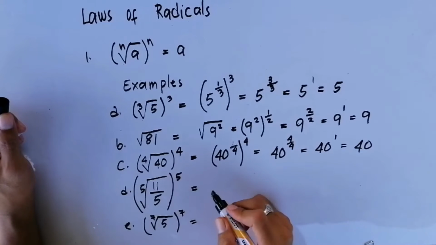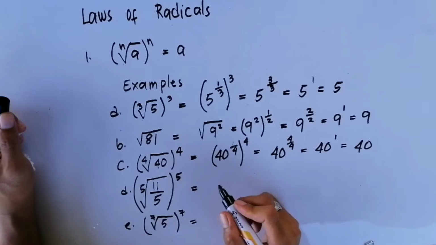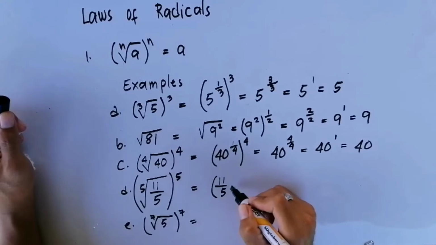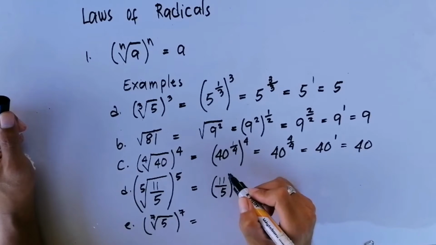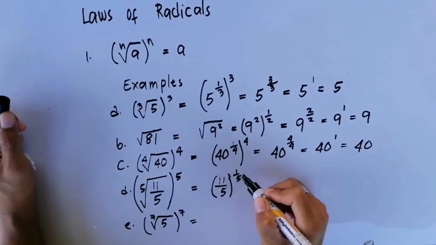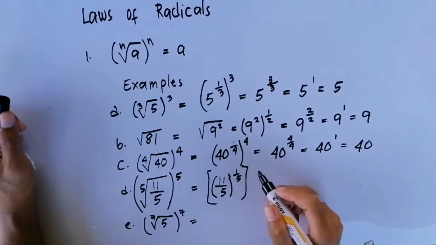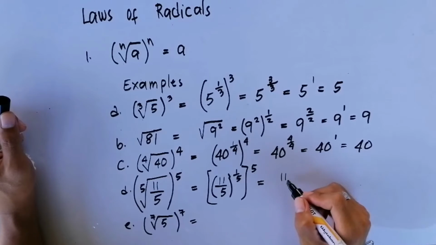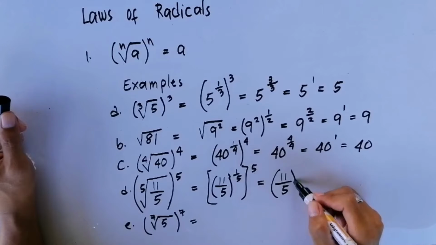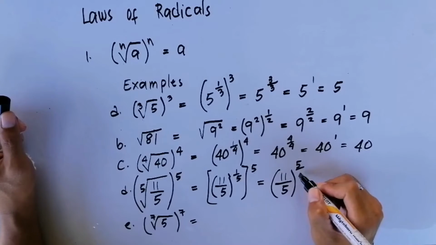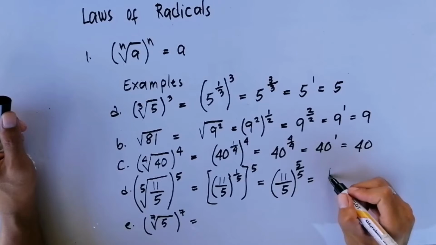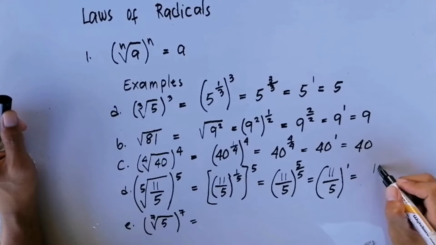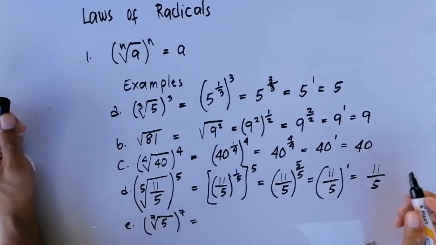For letter D, that is 11 over 5 raised to 1/5 and raised to 5. So that is equal to 11 over 5 raised to 5 over 5, which is 11 over 5 raised to 1, or that is equal to 11 over 5.